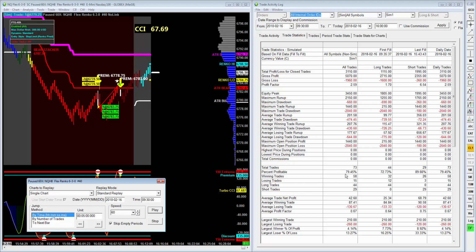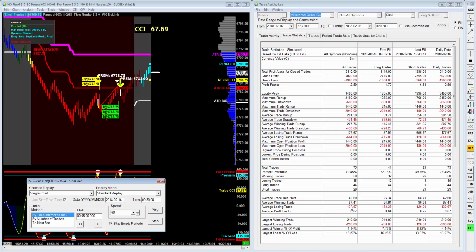We had a very good percentage return here, nearly 80%. And again, some of you may be questioning whether or not that's typical. Again, today was probably an exceptional day in terms of overall action, so you can use that with some interpolation. The average net profit was $42 per trade on average. And again, the short side performed much better.